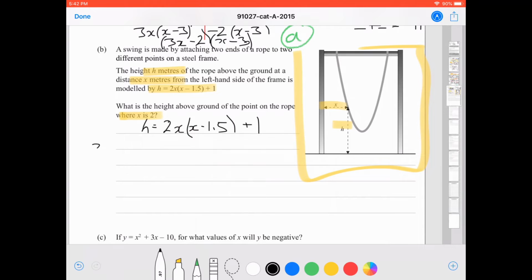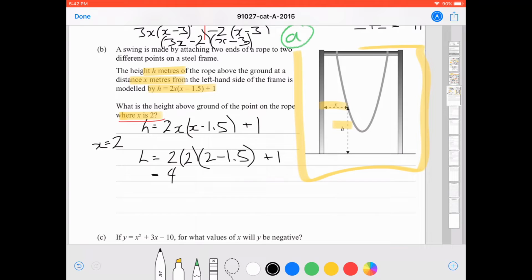And we know, because we're asking for the height above the ground on the rope where x equals 2, we're going to substitute 2 into our equation wherever x features. So this looks like h equals 2 times 2 times 2 minus 1.5 and plus 1.